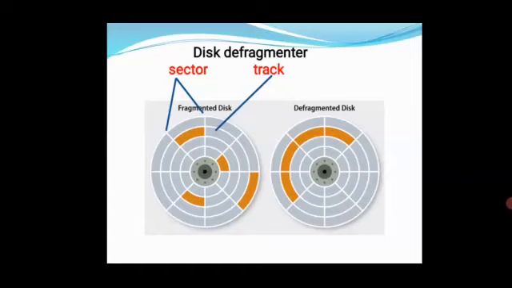In fragmentation, the same file is split and stored inside the disk in different parts. But in defragmentation, the split files are joined and stored into a continuous location, so we can get enough, large memory space.